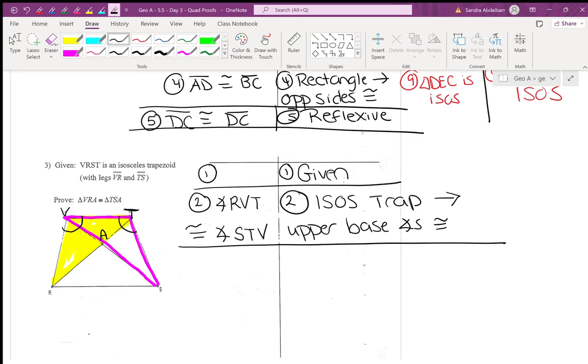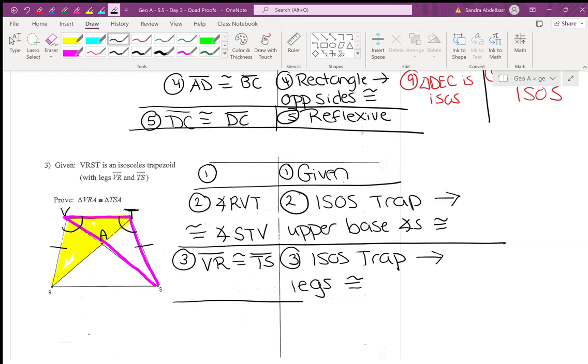Anybody see anything else we can get? The legs, exactly. So step number 3, I can say that VR is congruent to TS. And the reason here is going to be isotrap, arrow, legs congruent. So now I have a side and an angle.